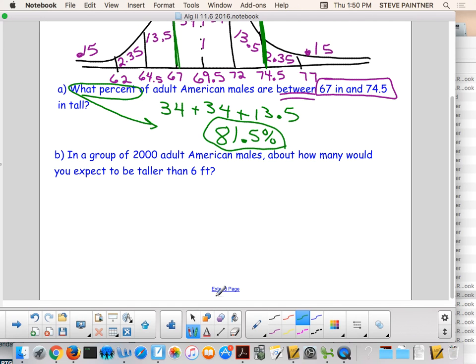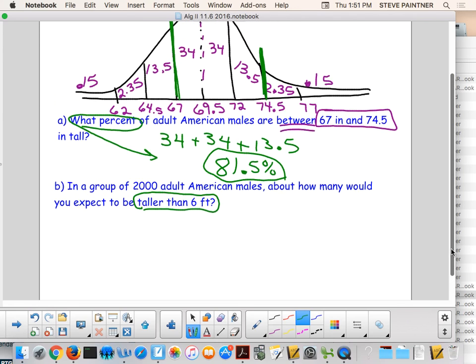Continue. Now the next question says, in a group of 2,000 adult American males, about how many of them would you expect to be taller than 6 feet? Well, your bell curve is in inches. So what is 6 feet? 72 inches. So go back up.